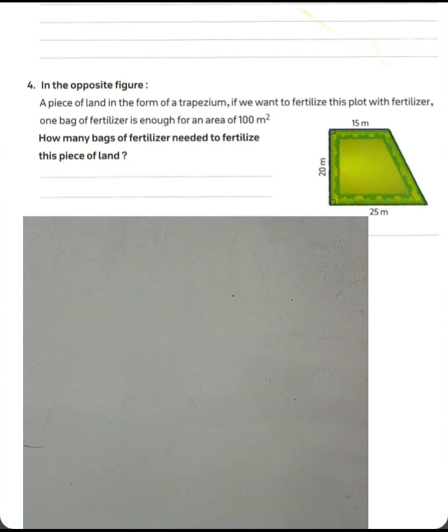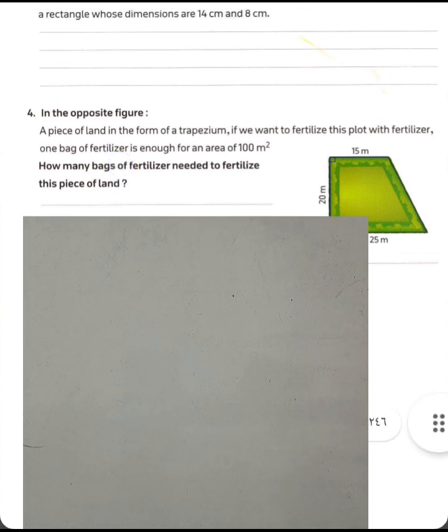How many bags of fertilizer are needed to fertilize this piece of land? First step, we must find the area of the trapezium and then divide it by 100 to find the number of bags.